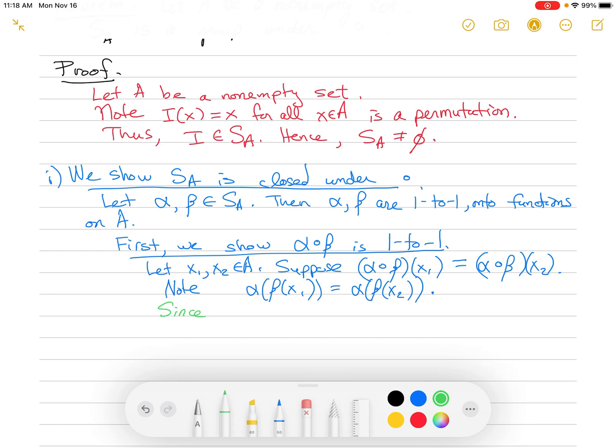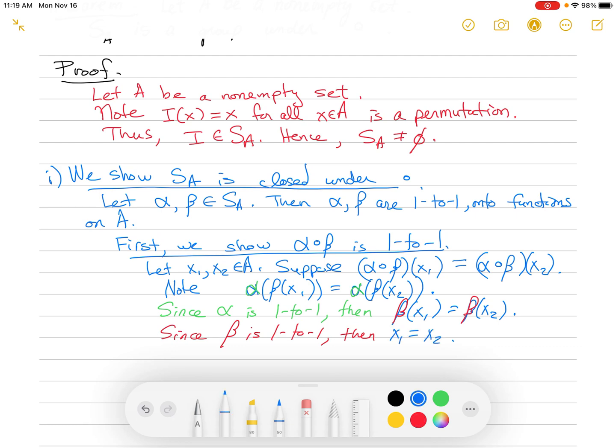Now, since alpha is one-to-one, right, it's a permutation, so it's one-to-one, then that means beta x1 must be equal to beta x2, right? The inputs must be equal. The inputs are beta x1, beta x2. And since beta is also one-to-one, then that means the inputs into beta must be equal.